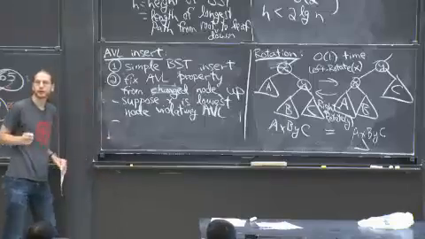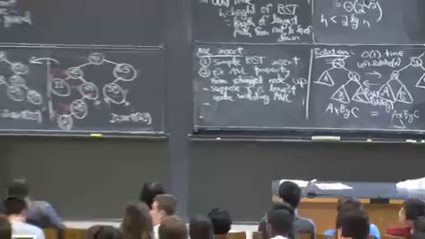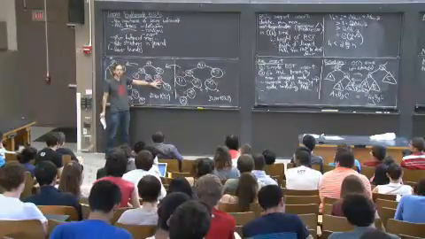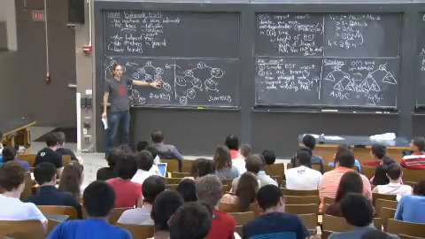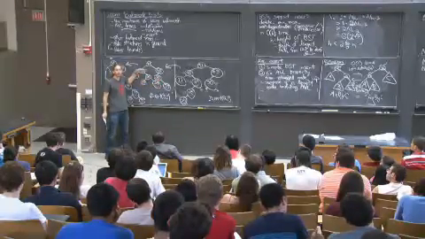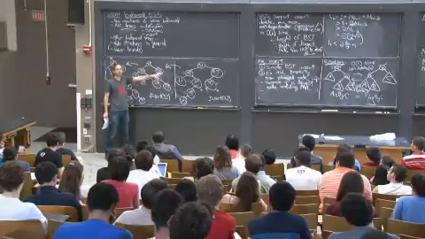Yes, question? The AVL property is not about levels. It's about left subtrees and right subtrees.